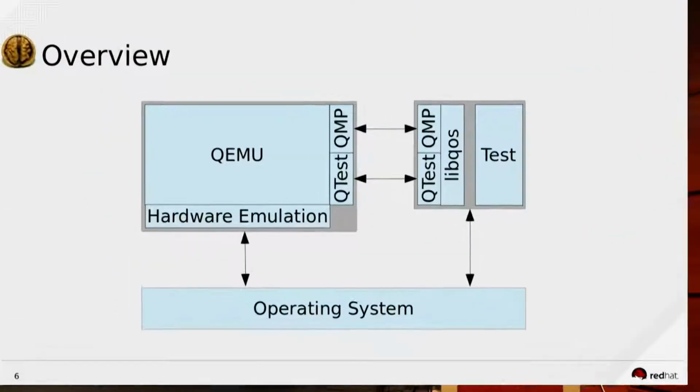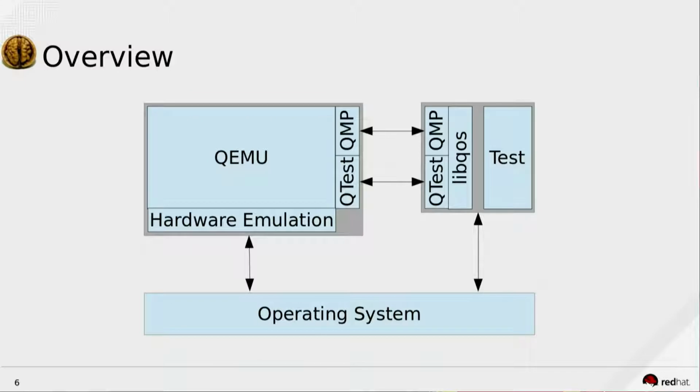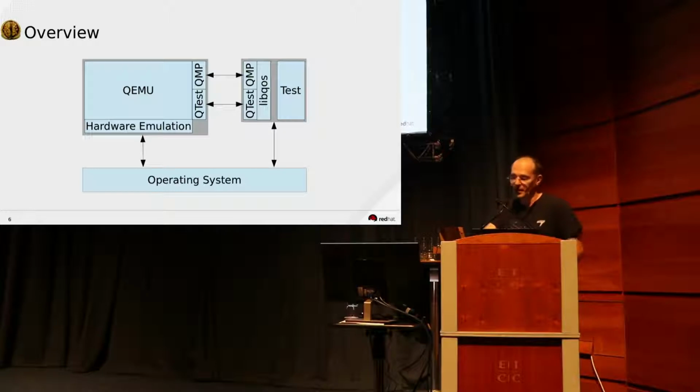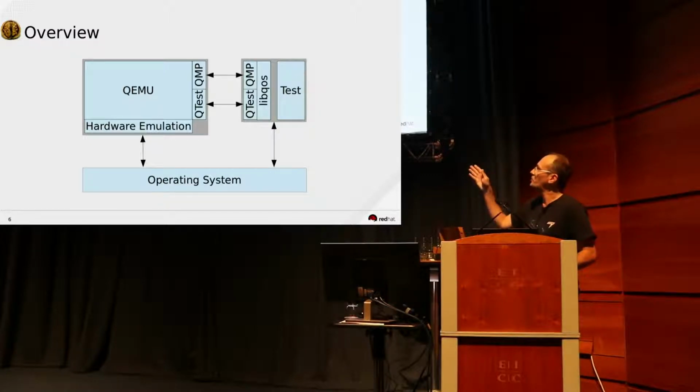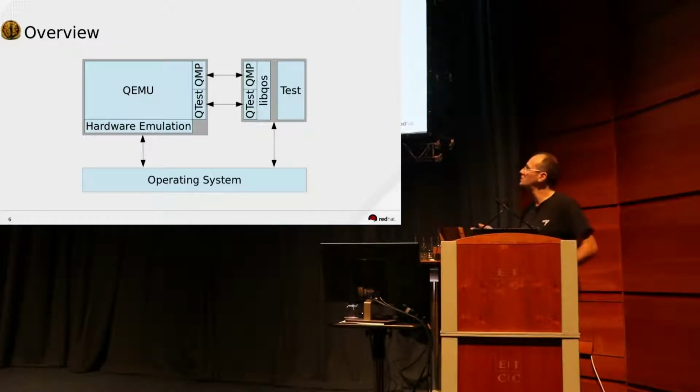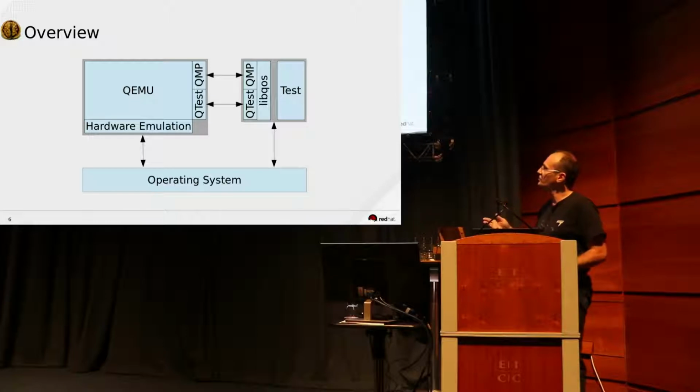So the main picture: on the left we have the QEMU process with the Qtest plugin inside. And on the right, we have the test application. These are two processes. We have the process for QEMU, the process for the test application. And with this architecture, we can, for instance, have the test application control the virtual machine disk controller and start a DMA transfer to write some data into the disk.